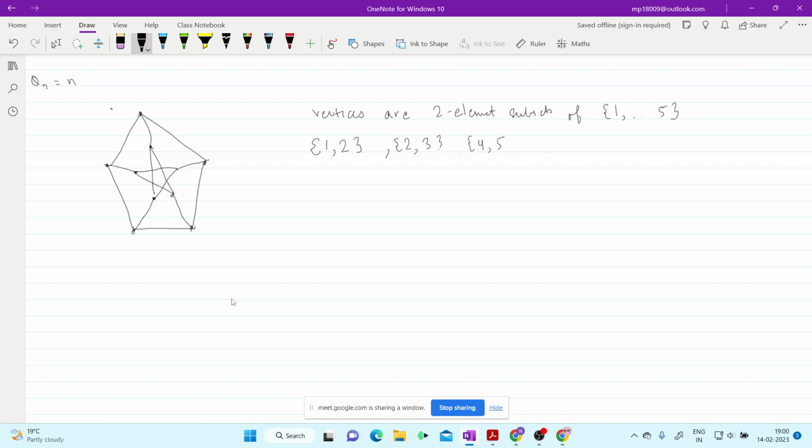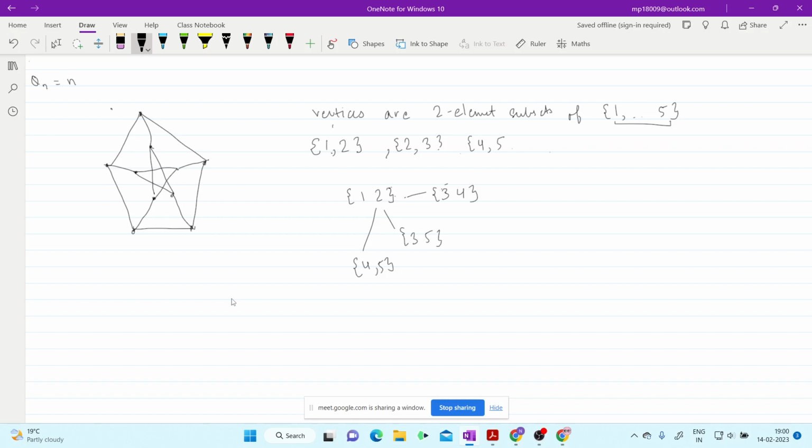There is an edge if both are disjoint. So 1 2 is connected to 3 4, 3 5 and 4 5. Vertices are two-element subsets of the first five natural numbers, and there is an edge between two subsets if they are disjoint.